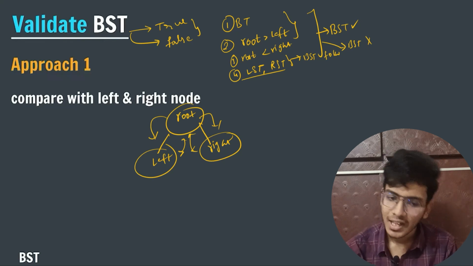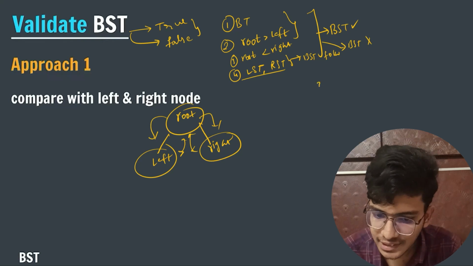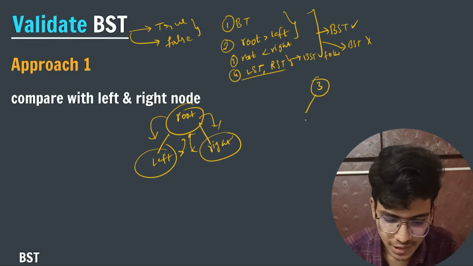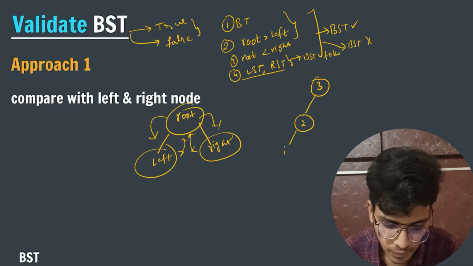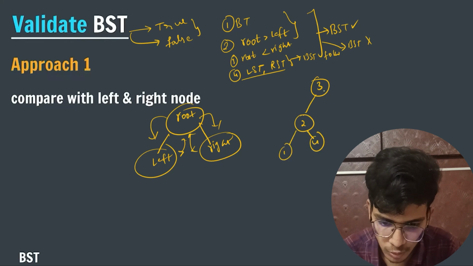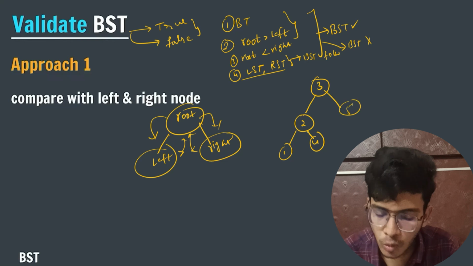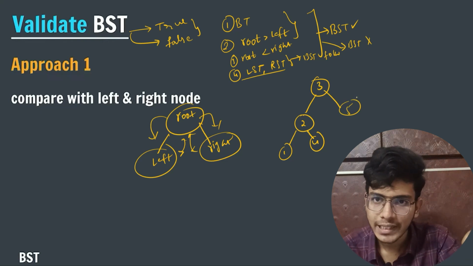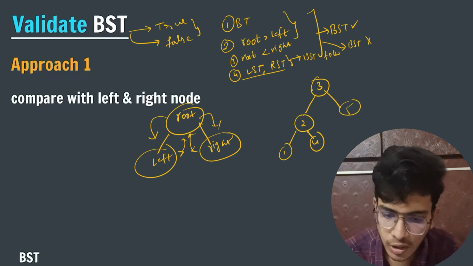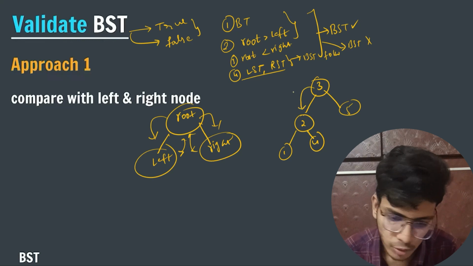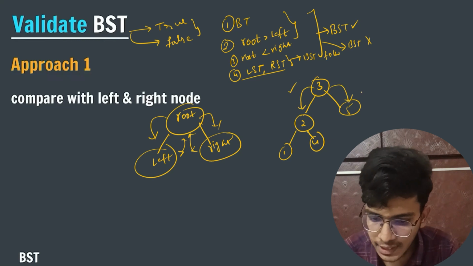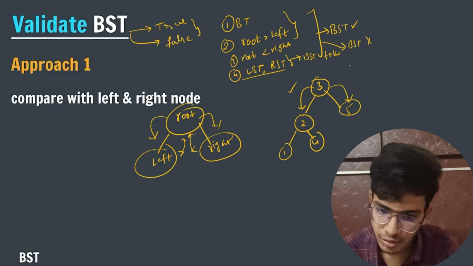What is the problem? Let us take an example. Let us take that this is my BST, the given tree I am having: 2, 1, 4, 5. I said that for a particular root node I need to check its left and right. For this root node I will check its left, 1, and its right, 4, which is greater.